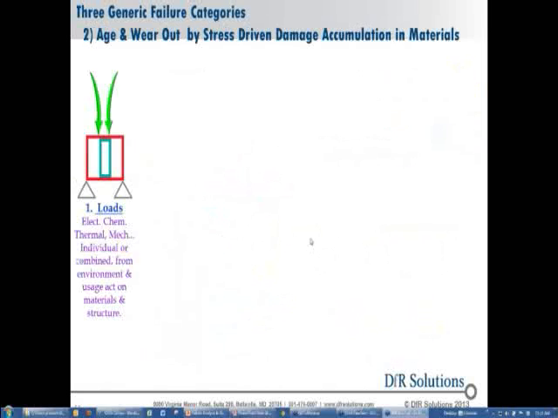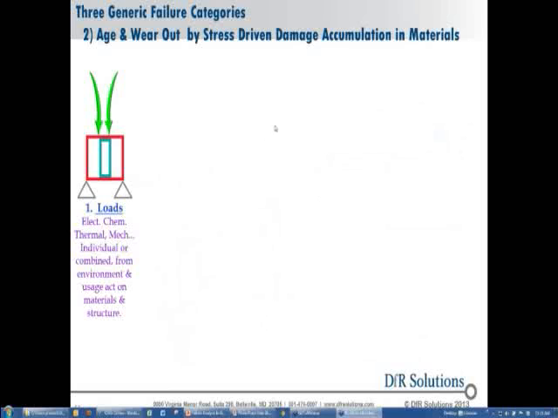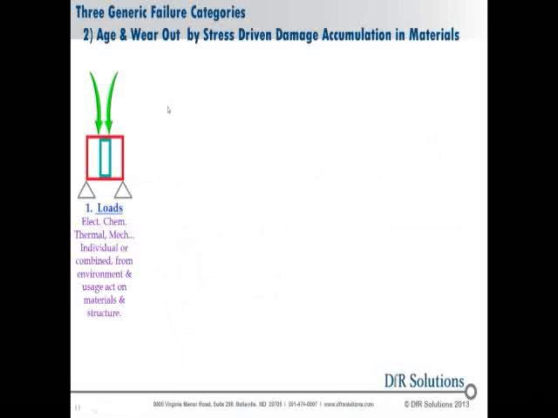Now, the next one is what we call the approach to how parts age and wear out. And this is really an issue of what we call stress-driven damage accumulation in materials.